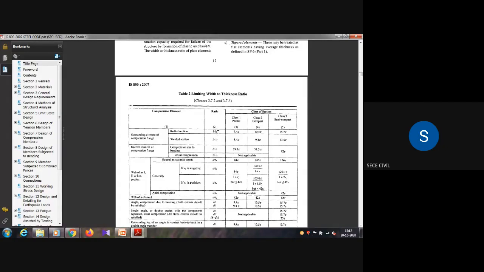So 75 by 8. If the value is less than 9.4 epsilon, it is class 1, plastic; class 2, compact, is 10.5 epsilon; class 3, semi-compact, is 15.7 epsilon. That means if the B by T value is less than 9.4, the section is treated as plastic.